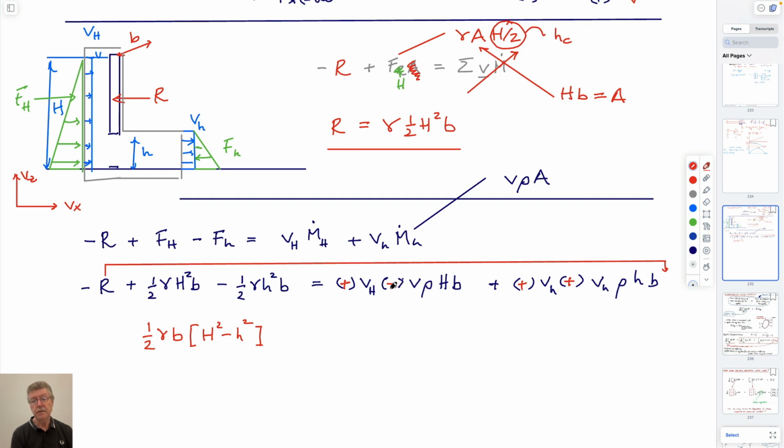This is a negative, so this would be a positive if I bring it to the other side. So plus V uppercase H squared rho Hb. This is a positive, taking it to the left hand side, so this is a negative. So this would be h squared rho lowercase h b is equal to Rx. Does that look right? No. Let's see if it makes sense. Before, R was just equal to this term here.